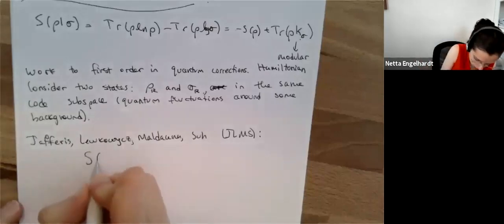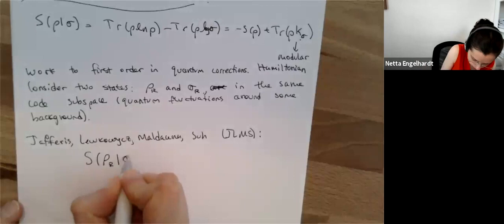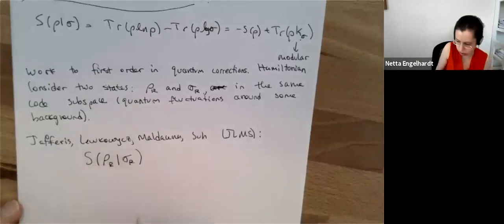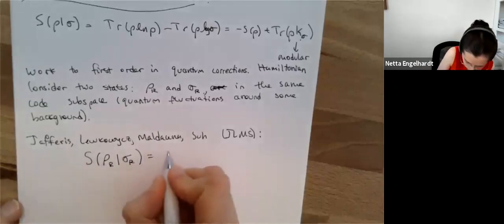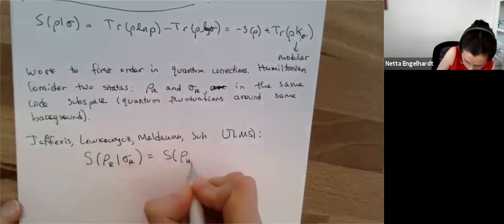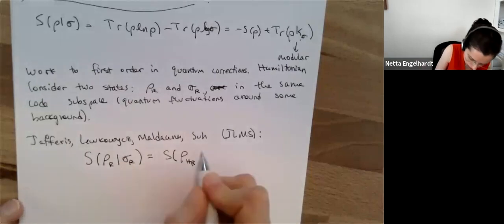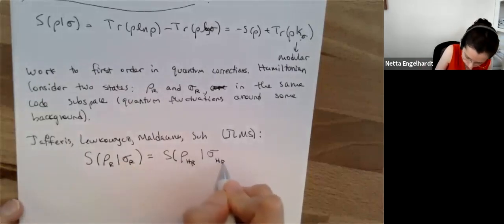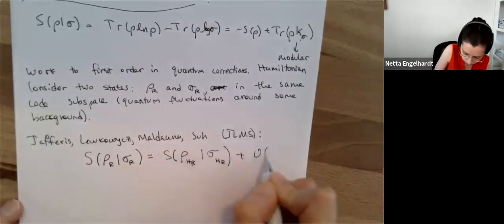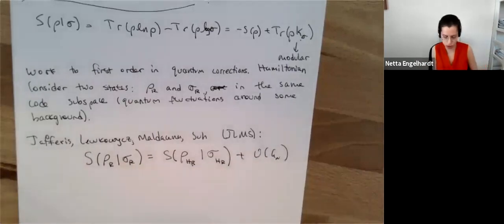So S(rho_R || sigma_R), so this is a boundary quantity, is equal to S(rho_HR || sigma_HR), where HR is the homology hypersurface, I'll draw a picture in just a second, plus order G Newton corrections.